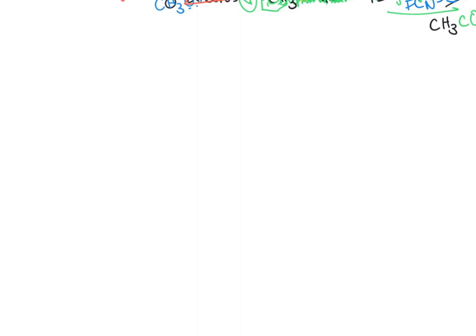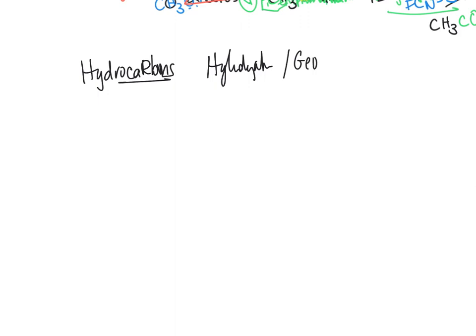Before we leave this, let's look at an sp. So let's look at our hydrocarbons to wrap this up regarding hybridization and geometry. Okay, so hydrocarbons are just hydrogens plus carbons, and let's do this alkane.